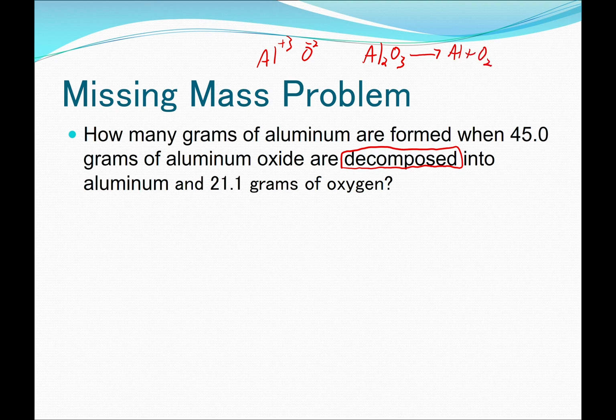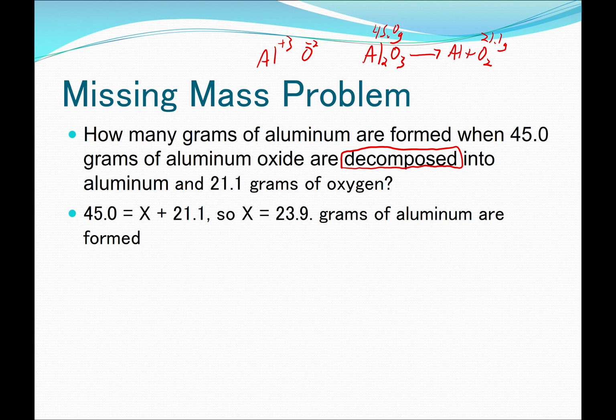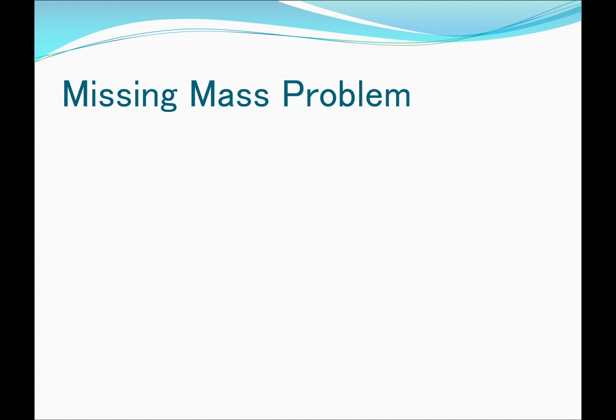Remember, oxygen is diatomic. We have to write it that way. This is 21.1 grams, and we started with 45 grams of aluminum oxide. We can subtract that value over, 21.1. 45 minus 21.1 gives us 23.9 grams of aluminum that are formed. What we want to try and do here is make sure the masses on the reactant side equal the masses of everything on the product side.